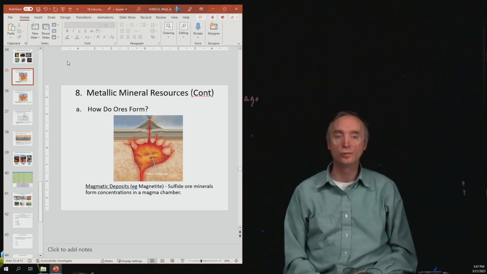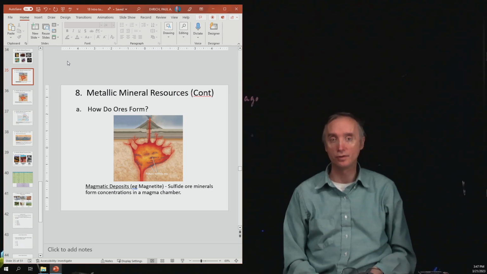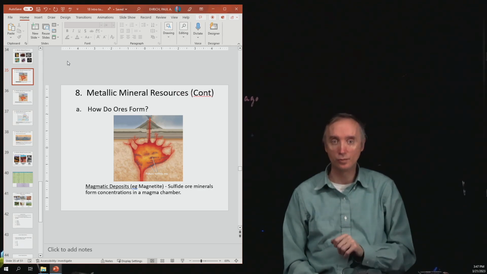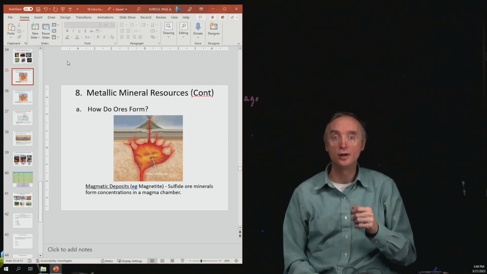Now we learned when we were talking about igneous rocks that certain minerals will begin to crystallize at certain temperatures. So in this magma chamber, as it begins to cool off, certain minerals, especially the ones that contain sulfur, so your sulfide ores, are going to begin to crystallize.